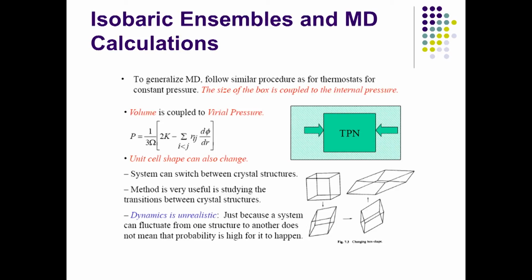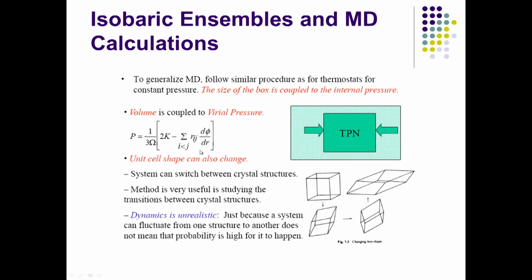Now, I want to quickly take you back to the isobaric ensemble and MD calculation, because you do need the pressure calculation from the virial, which we discussed here. This is the kinetic term, this is the force term, this is the P, which we also look at as the stress, because pressure is force over a certain area, and this is where we can define the stress in terms of the pressures.